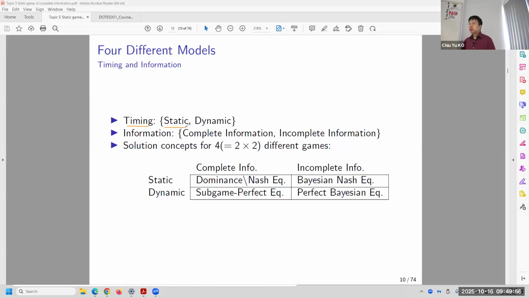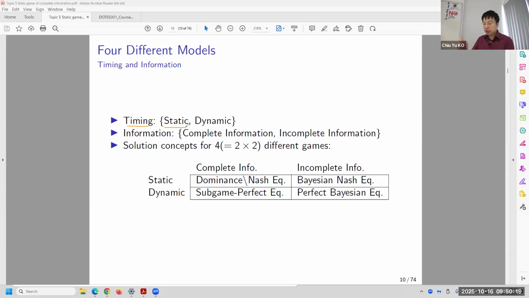Just like a sealed-envelope auction: you put your bid in an envelope and mail it to somewhere, right? They didn't actually write together, they just mail it out. When they write the number there, you don't know, right?